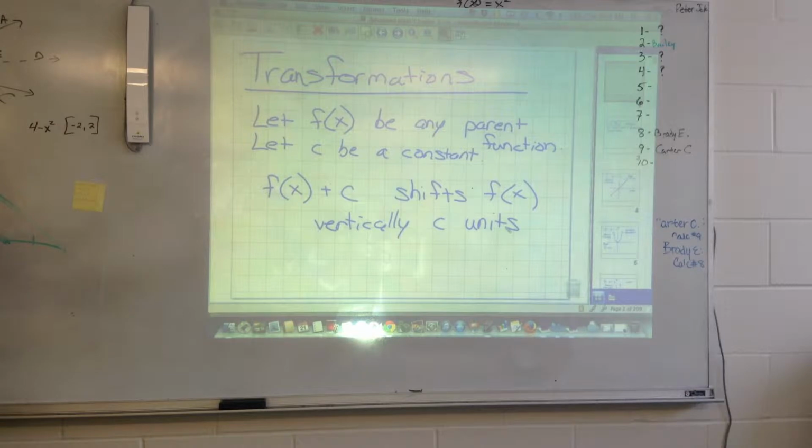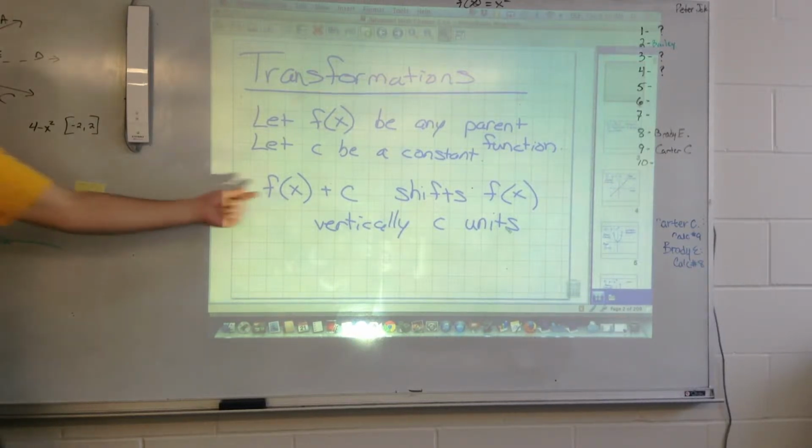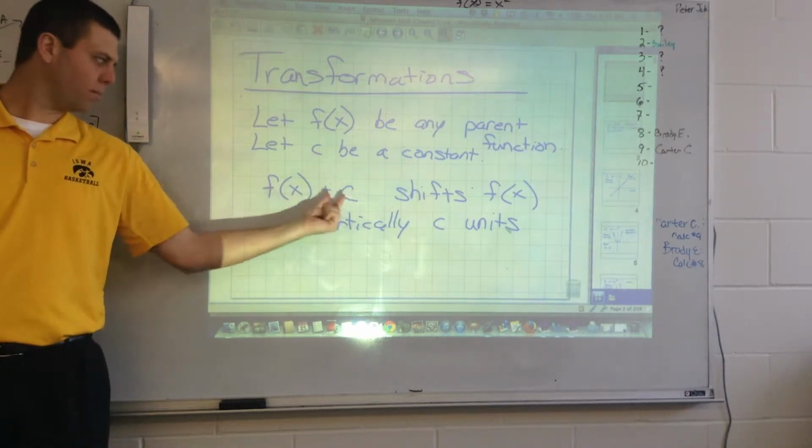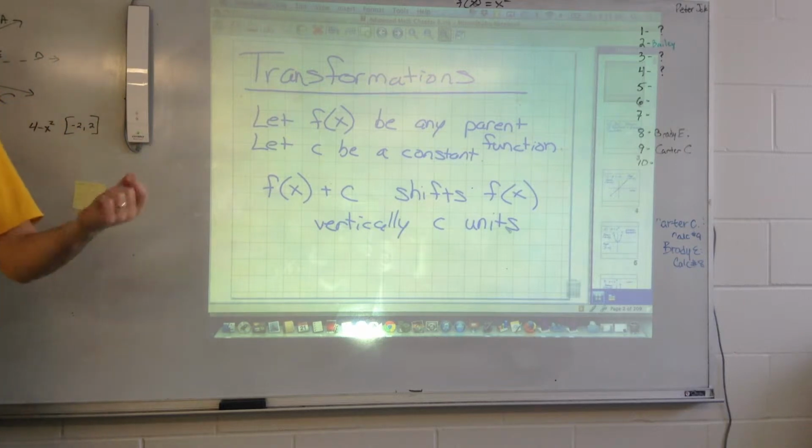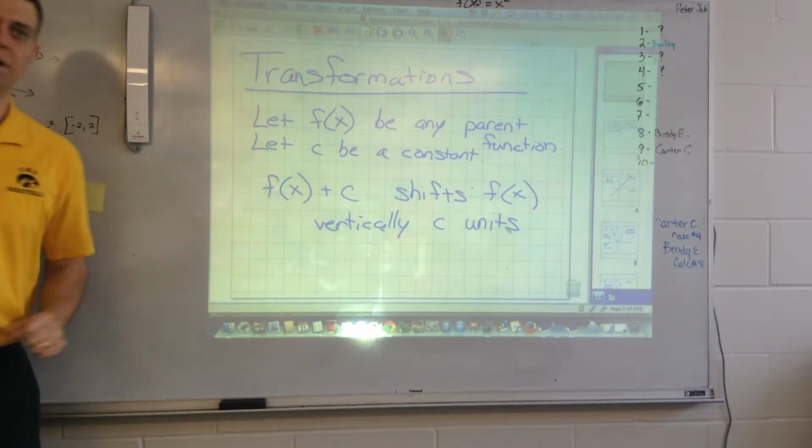That's a fancy, all-encompassing way of saying it moves it up or down whatever the c value is. So if it makes more sense for you to write that when you add a number to the back end, when you say plus c back here, that's going to take the parent function and move it up or down whatever the c value is, then write it that way. Okay?